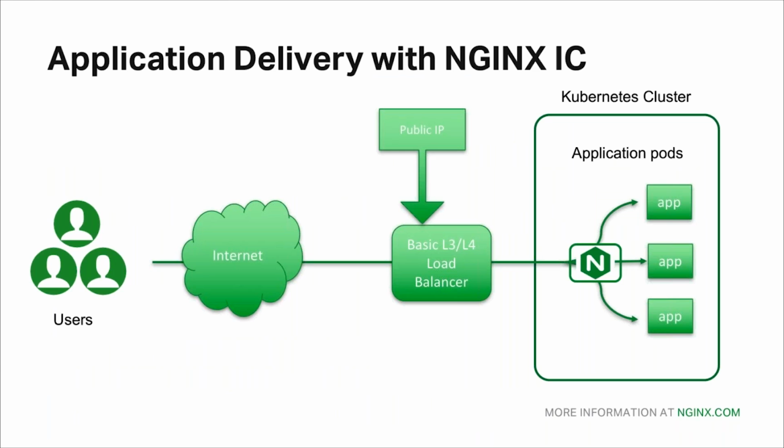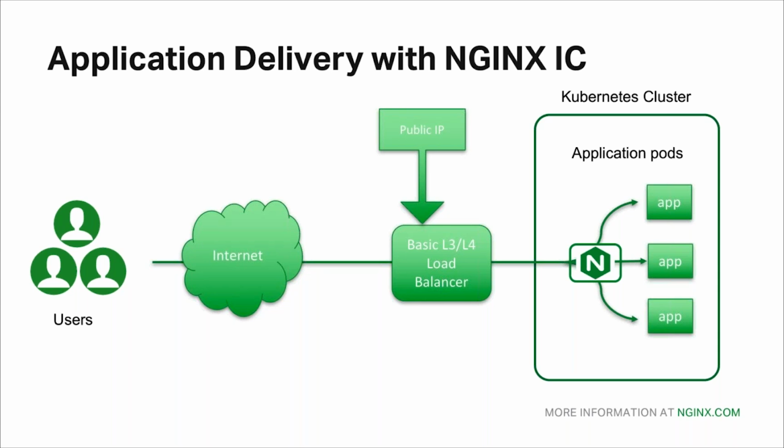For application delivery, we suggest an architecture with multiple layers of load balancing: the Ingress controller layer where you do layer 7 routing, and basic load balancing in front of the Ingress controller, through which you expose it.